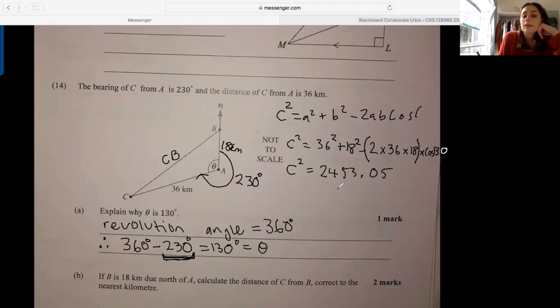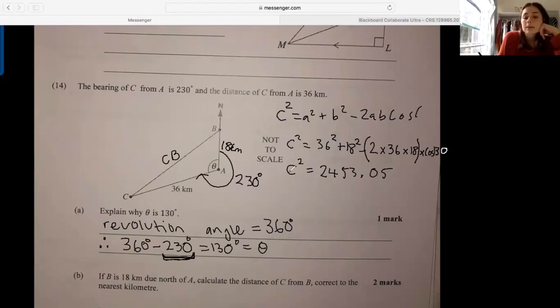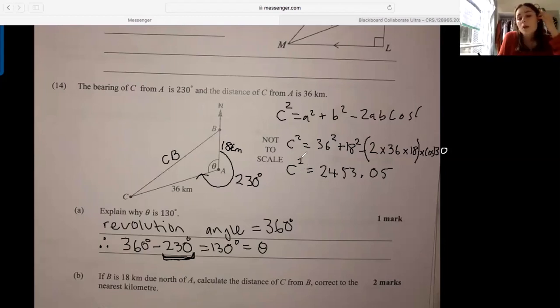And then what would be our next step here? Looking at this part here, because we want to get C by itself. Will we halve it? Well, we do the opposite of what this is, and that's to the power of 2. And the opposite of a power of 2 is the square root.